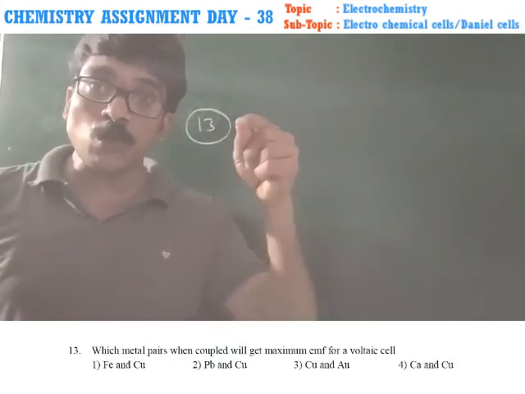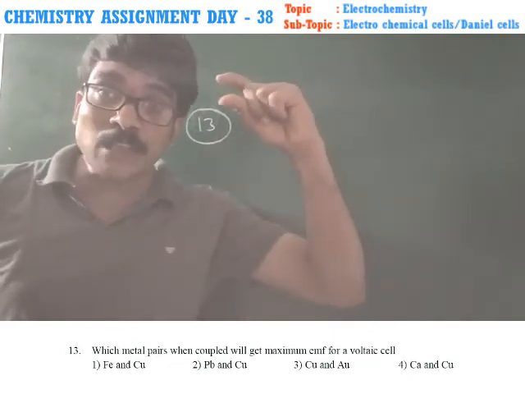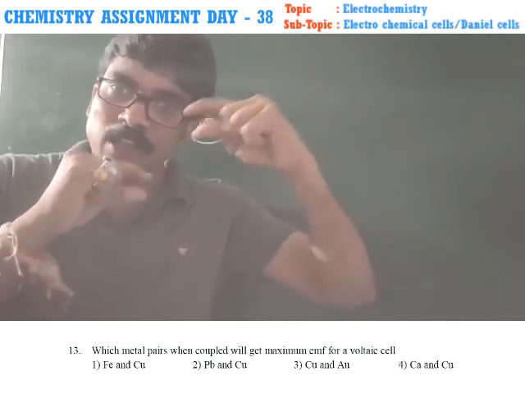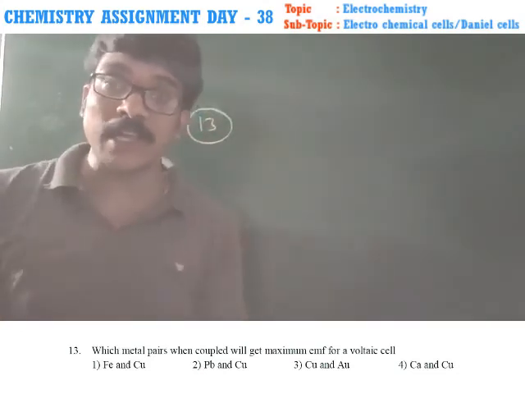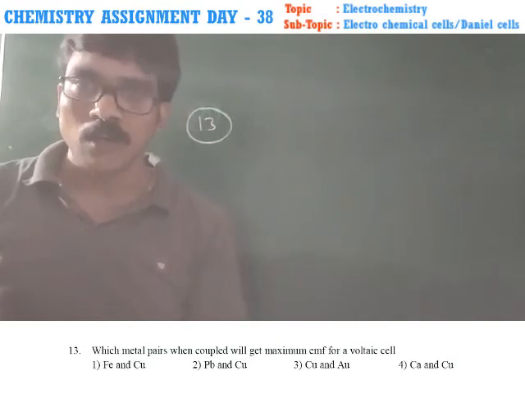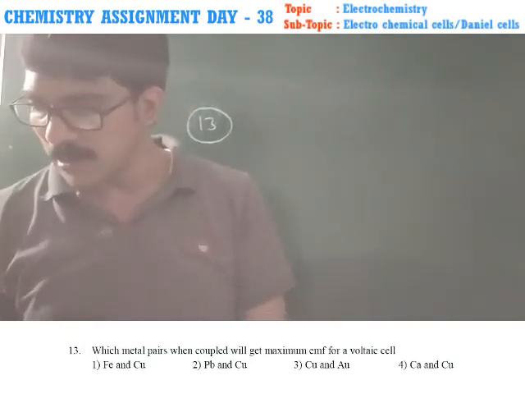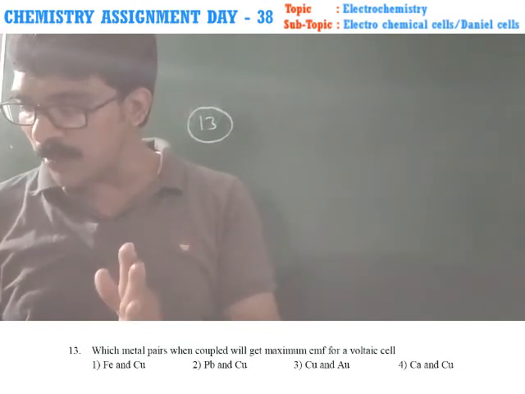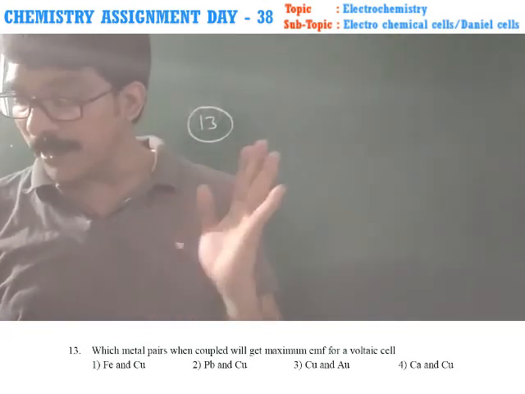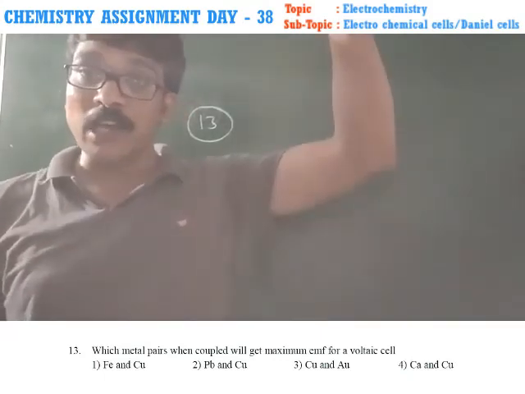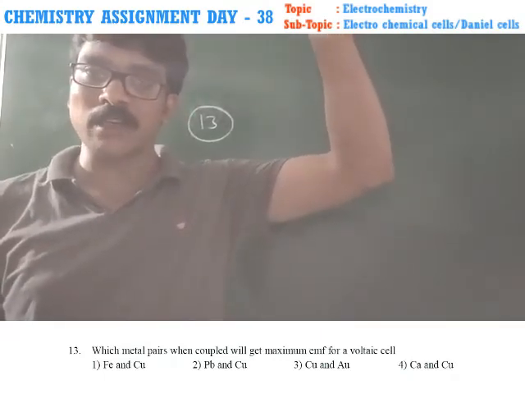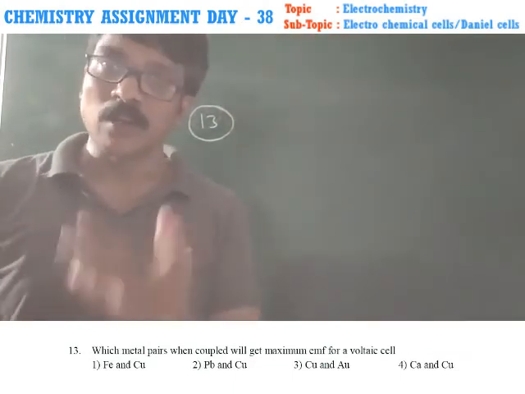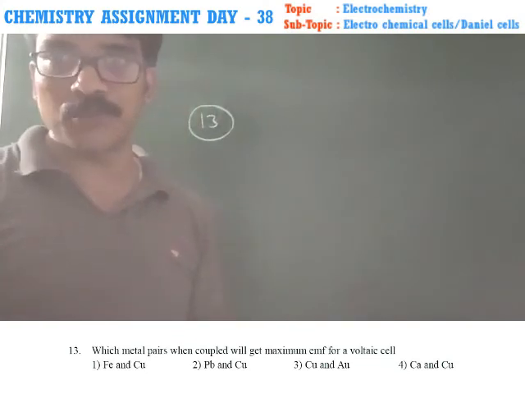Observe the electrochemical series: the metal with the lowest SRP and the metal with the highest SRP, when combined in a voltaic cell, produce the most EMF. The options are iron with copper, copper with gold, lead with copper, and calcium with copper. Calcium has almost the lowest SRP in the electrochemical series and copper the highest. When these two are combined, we get the highest EMF. So that is the correct answer.